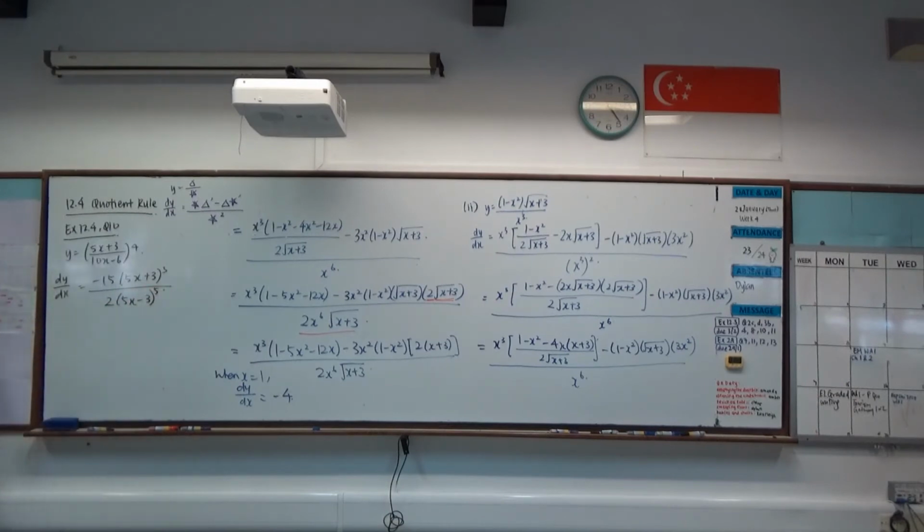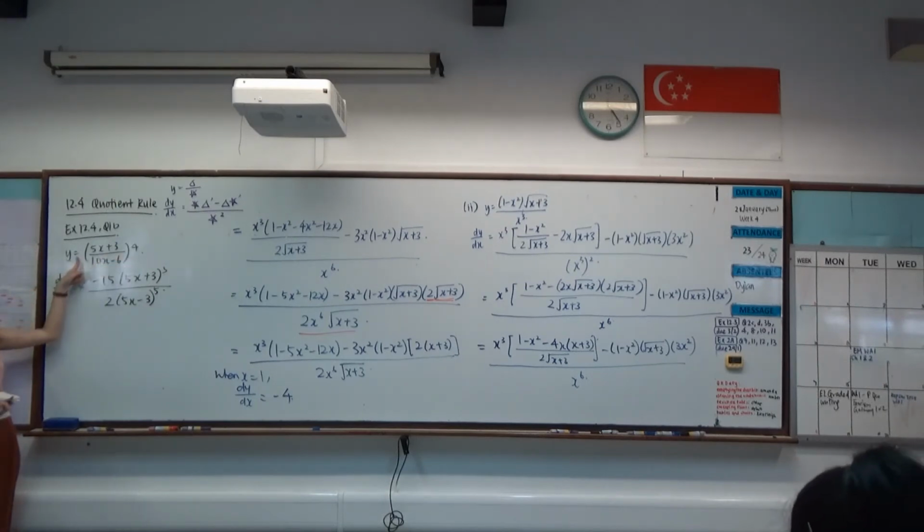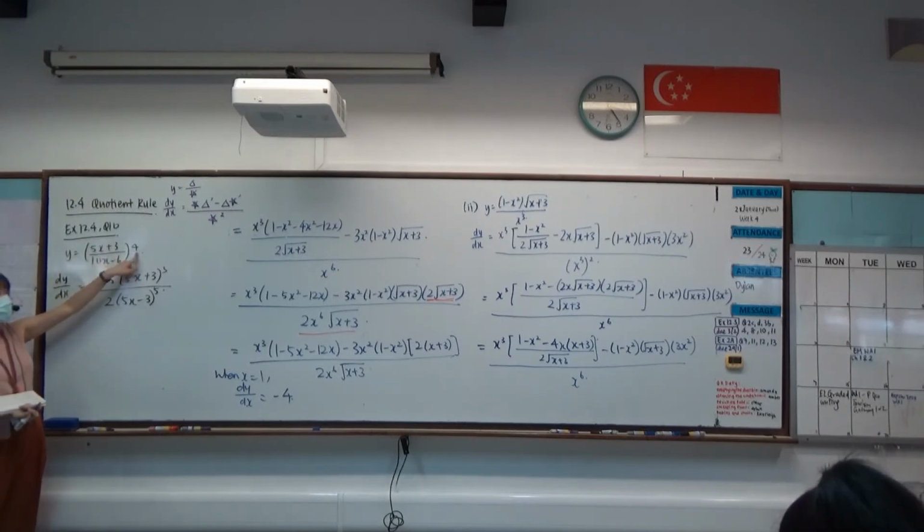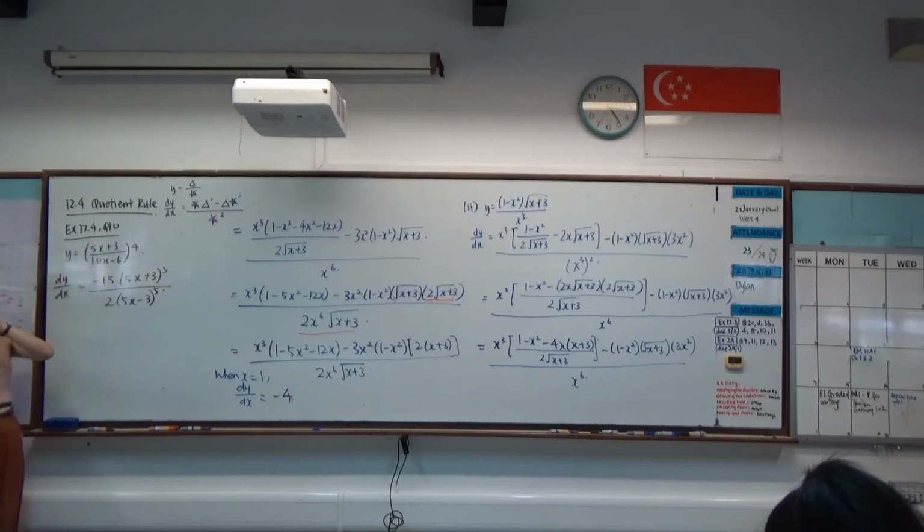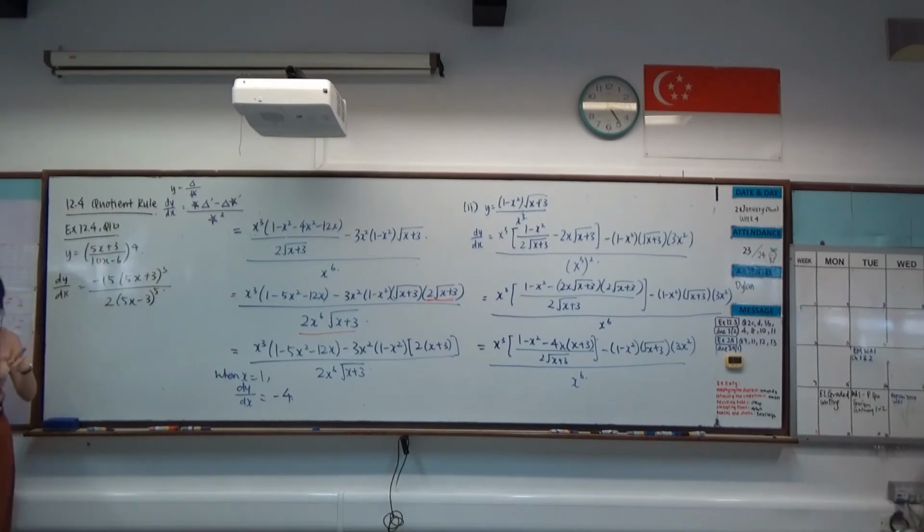So, you can go back home and work on it yourself. If given y equals to this, you can bring down the power, then 4 becomes power of 3, minus 1. Then you need to differentiate the inside using your chain rule. Differentiating the inside uses your quotient rule.